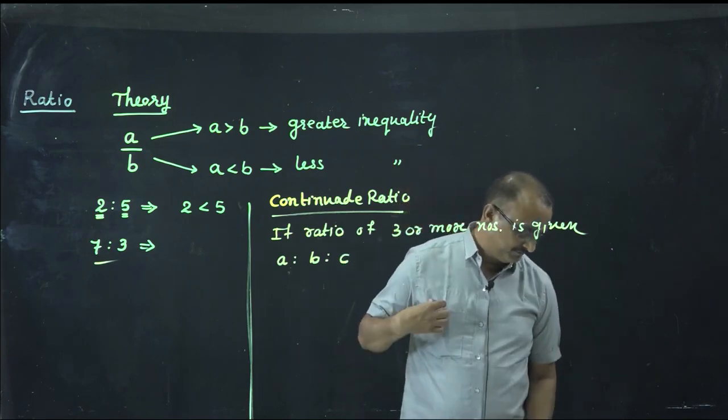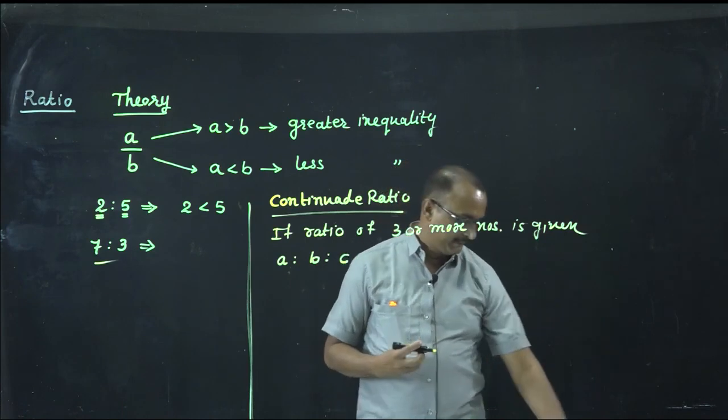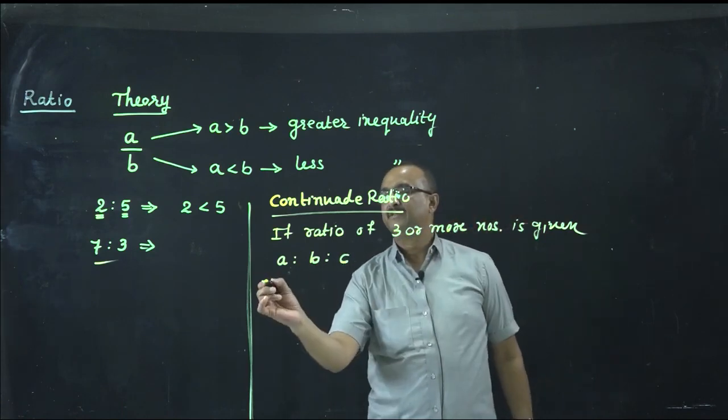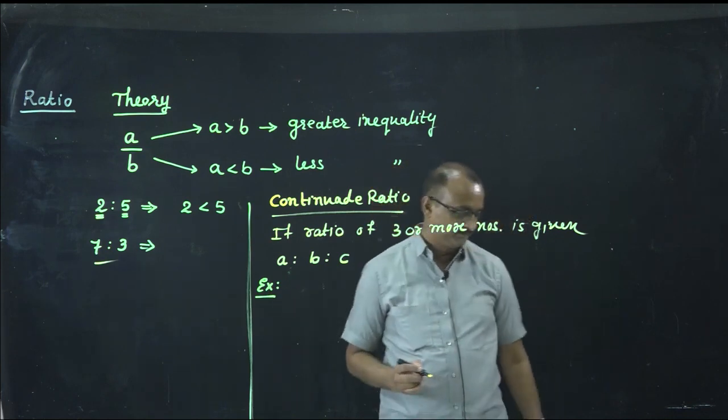Okay. Now we are taking one example for continued ratio. See what is our example, and see here we are taking one more shortcut.